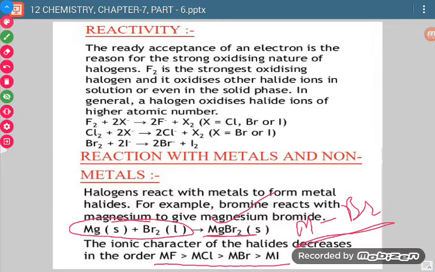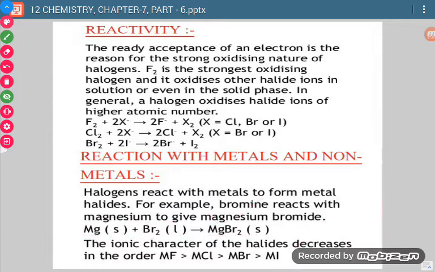So development of charges is maximum in the case of fluorides, and that becomes most ionic. In the case of iodine, it has the least electronegative nature, so there is minimum ionic character.